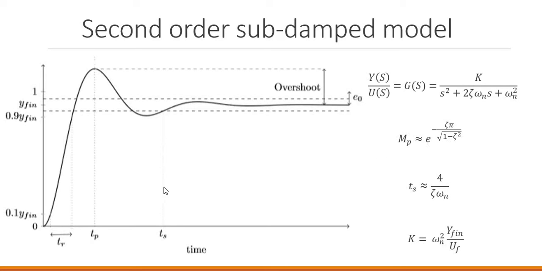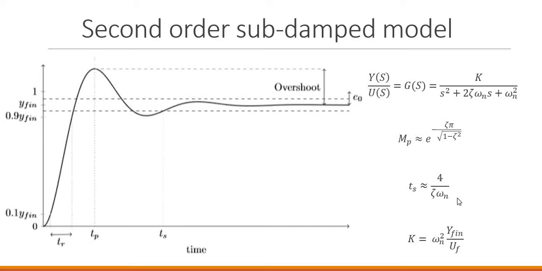Then we are going to measure the settling time from the graphic, and once we have calculated the damping ratio, we are going to be able to estimate omega n when we measure the settling time as well.